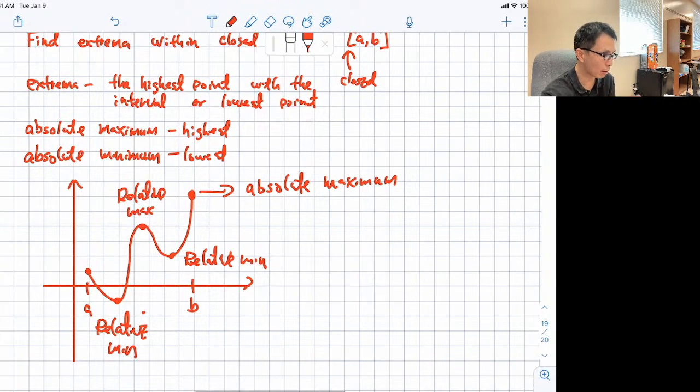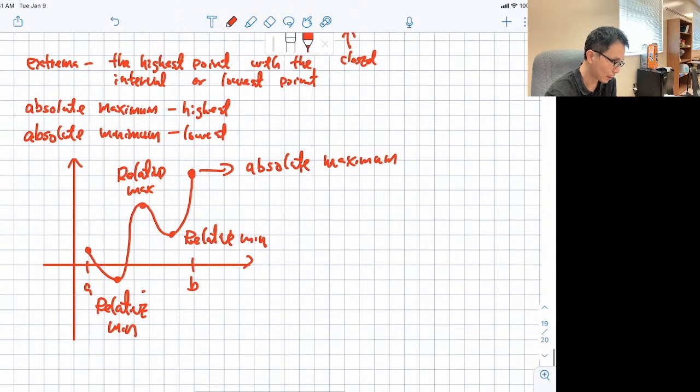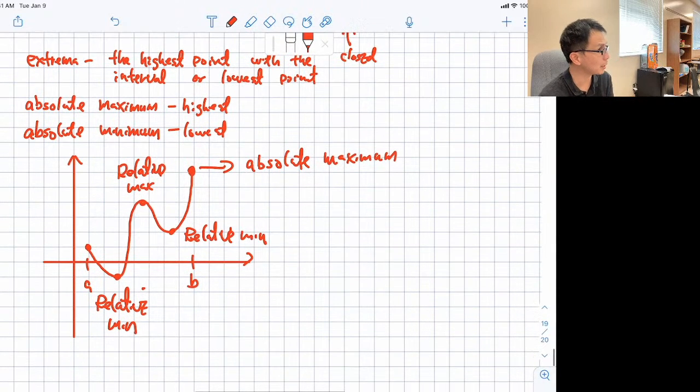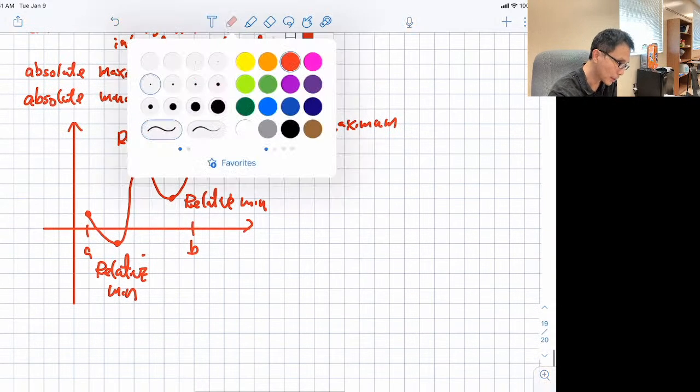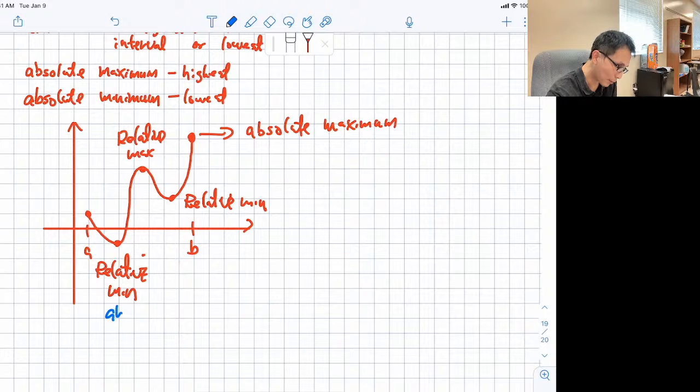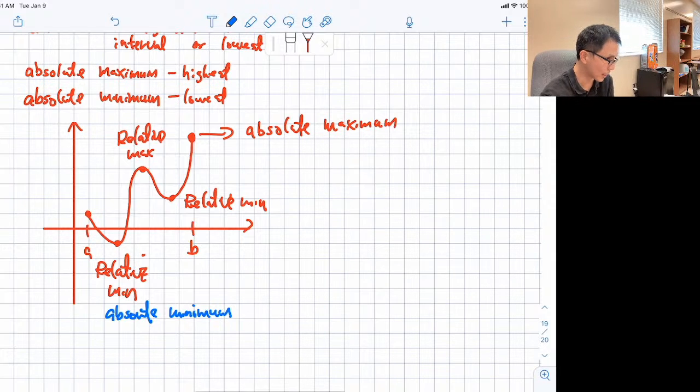So the highest is called the absolute maximum. Now, can a relative min or max be absolute? Yes. This one here is the absolute minimum, because it's not only a relative min, it's also the lowest point of the interval. Are we okay here?